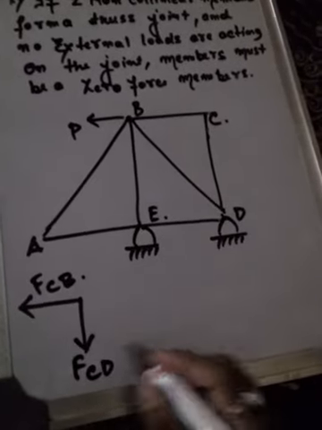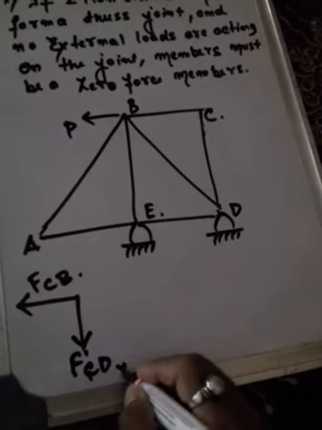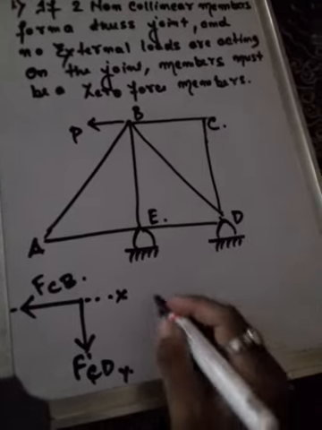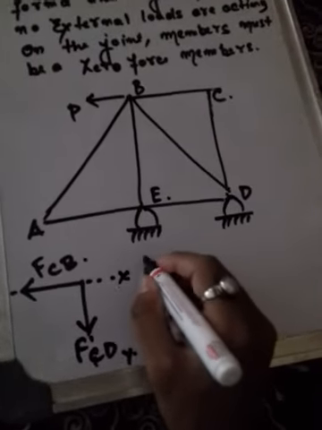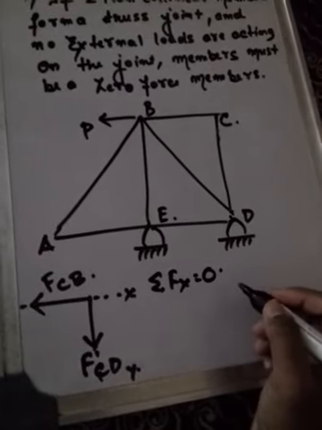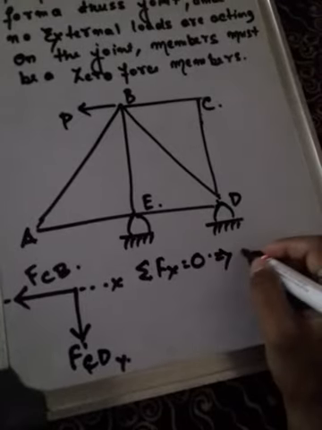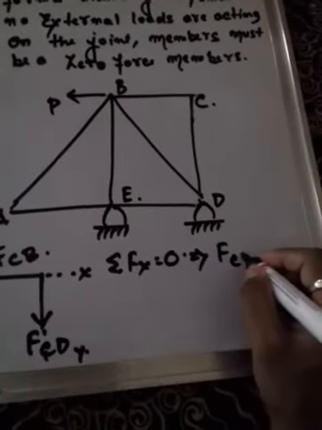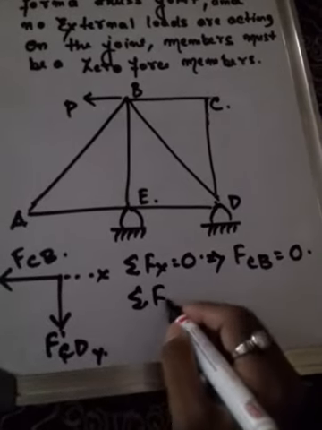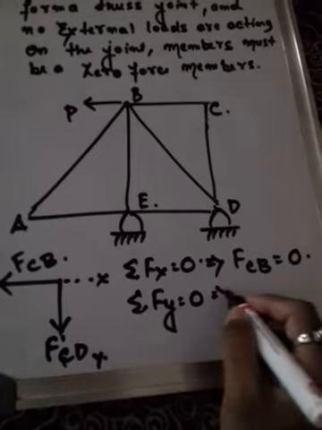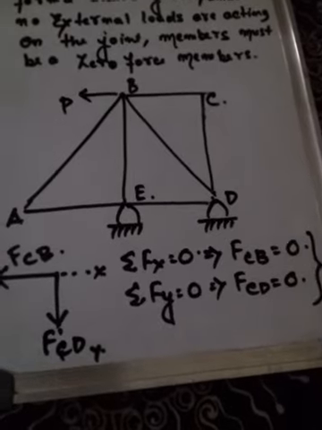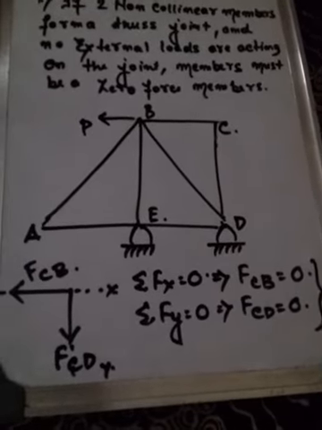Now if you take this as the y axis and this as your x axis, you just apply the equilibrium condition, summation of Fx equal to 0. So here you will get FCB, the force acting in the x direction, FCB is equal to 0. You just apply summation of Fy equal to 0. What you will get? FCD is equal to 0. This was one case study.